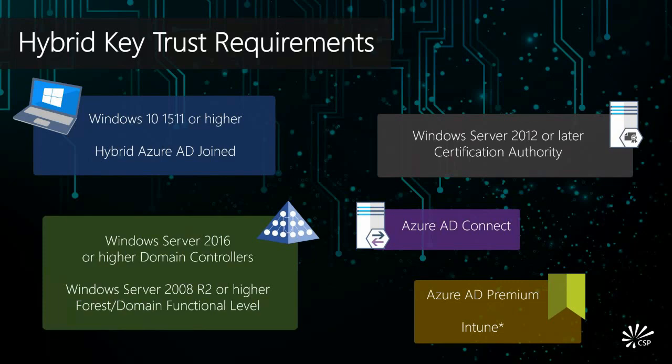And that's the operating system level. The functional level, though, only needs to be 2008 R2, and that's for both the forest and the domain. I do have listed here Windows Server 2012 or later for a certification authority or PKI. You could technically use a third-party PKI here.